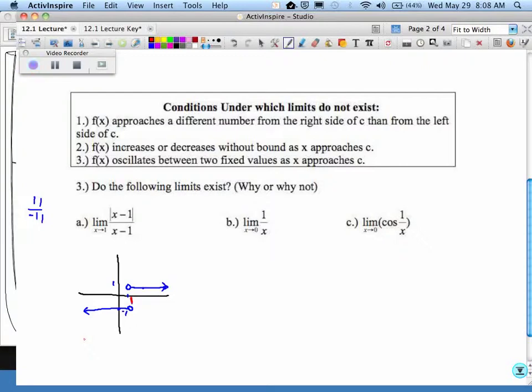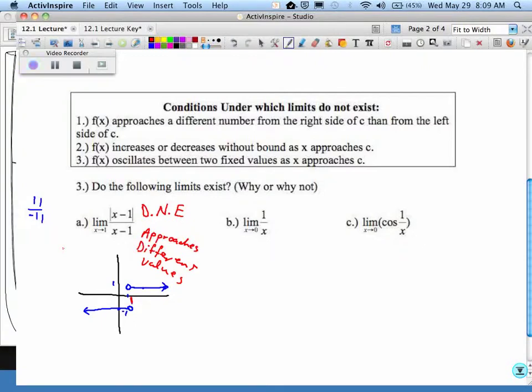This does not exist because it approaches different values.